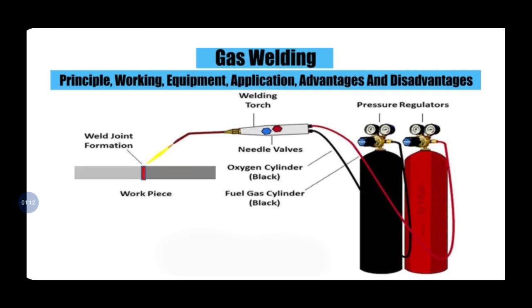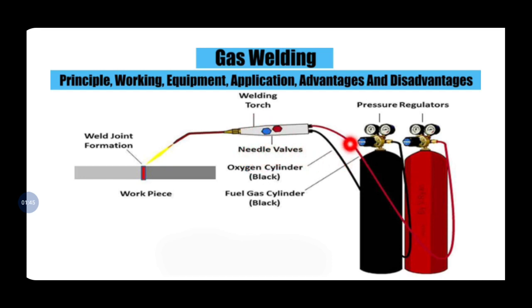Here we require 2 cylinders, and pressure regulators are required. One is the oxygen cylinder, the other is the acetylene cylinder. These connect with hose pipes; 2 hoses are there. The pressure regulators, fixed on the cylinders, let you check how much pressure is inside. You connect these cylinders to the welding torch, which has 2 knobs.